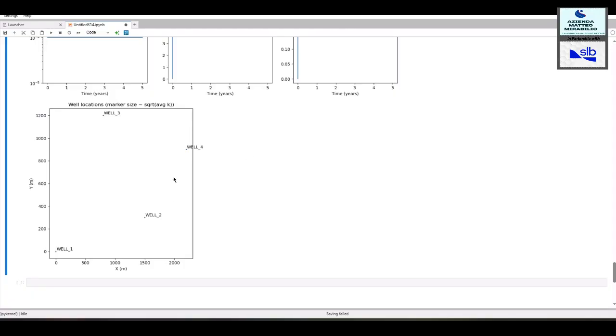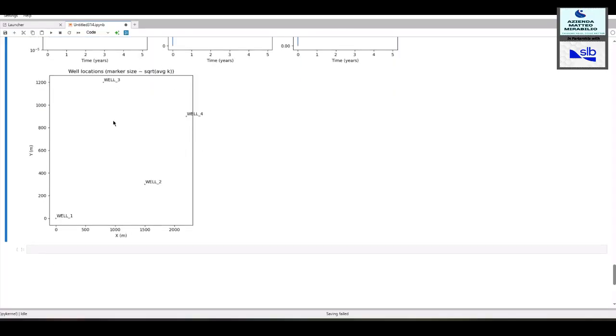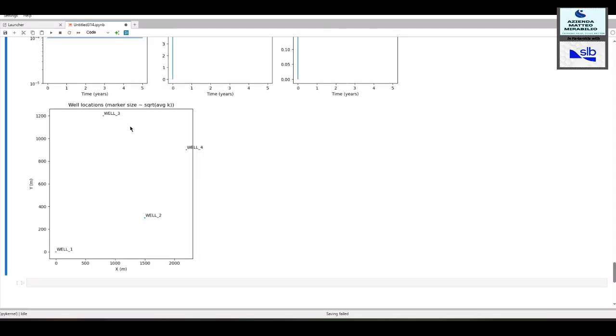And we have also plotted the area that is investigated through this well and this prediction log. So we are plotting in this very simple map the spatial position of the well locations, marked in square meters.